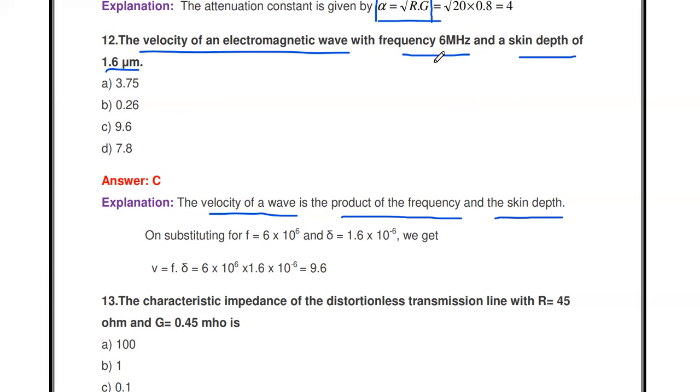So you just multiply the frequency 6 megahertz with the skin depth 1.6 micrometer. 6 megahertz means 6 into 10 to the power 6, and 1.6 micro means 1.6 into 10 to the power minus 6. So 10 to the power 6 and 10 to the power minus 6 cancel. If we multiply, we will get 9.6 as the answer.